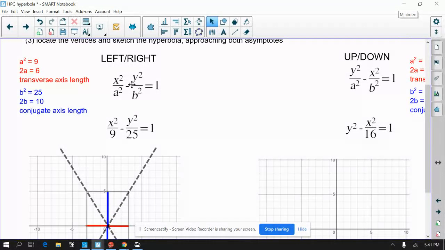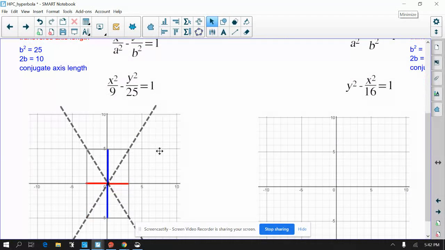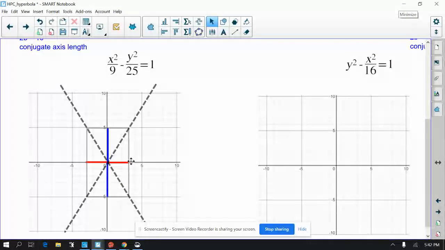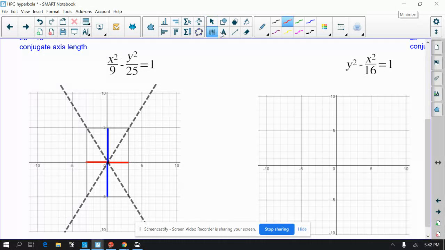Keeping in mind that this faces left and right, as soon as you drew your transverse axis, you identified your vertices. So you've got a vertex right here, and a vertex right here. And you're going to use the box and the asymptotes to guide you. So you freehand, you kind of curve up along. That's not great.